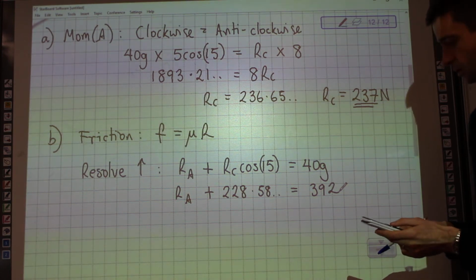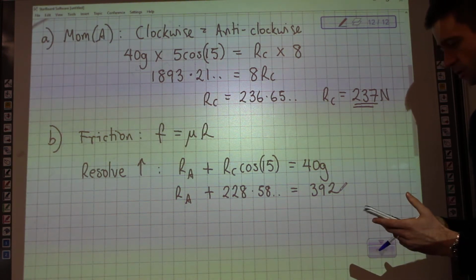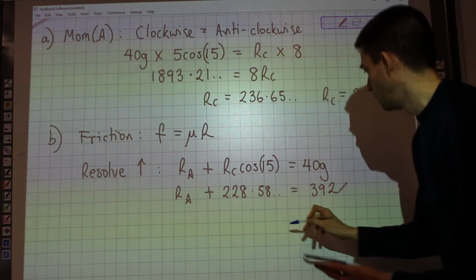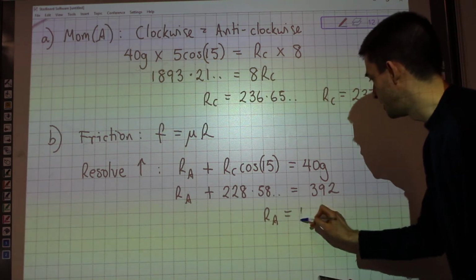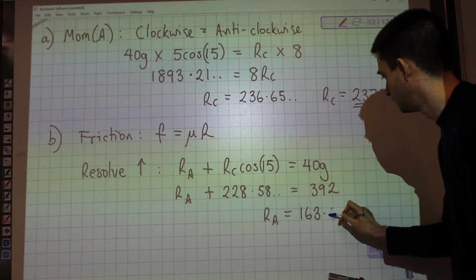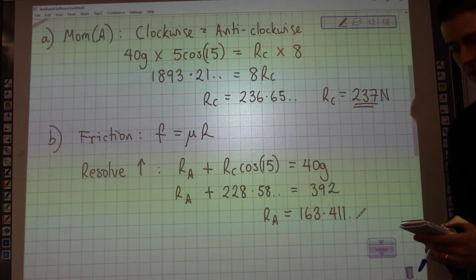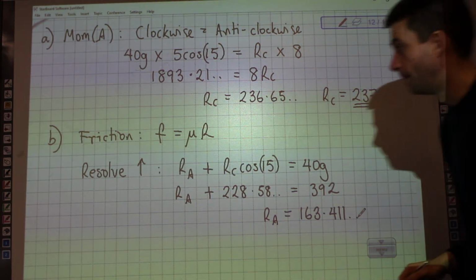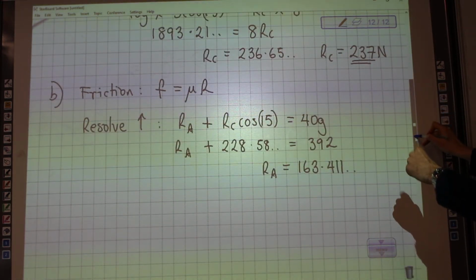And I'm going to subtract the 228 from that, which gives me that RA is 163.411, and again I'm going to store that in my calculator so that I can use it later on. So I've resolved vertically and I've found the reaction at A.